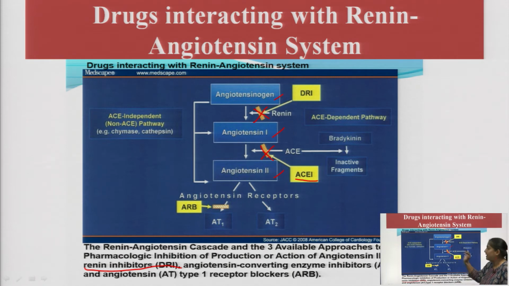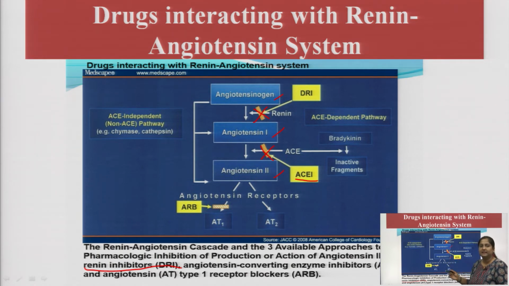We need to act with those agents here to stop the conversion of angiotensin 1 into angiotensin 2, and if this does not happen, there is no production or very little production of angiotensin 2.